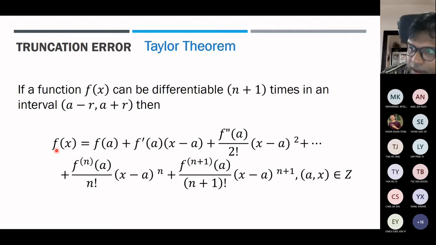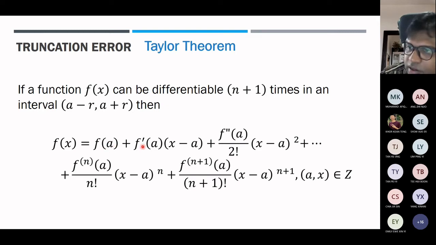Okay, in the numerical method, we don't have to look into each and every term. We only need to consider a few desirable terms which are closer to the exact solution. For example, f(a), the function when you substitute a, is the first term.